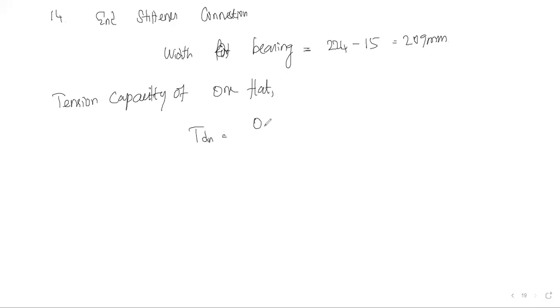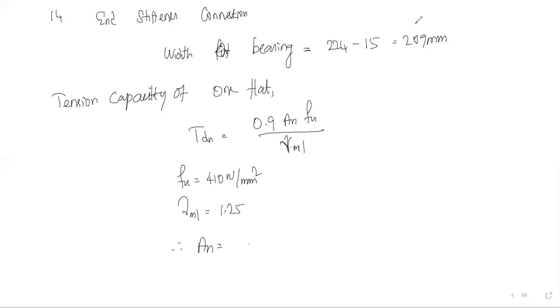Tdn is equal to 0.9 times An into fu divided by γml. Okay, so the fu value we know is 410 Newton per mm squared, and the γml value we know is 1.25. We need the An value. So An is nothing but this breadth 209 multiplied with the stiffener's thickness 16 mm.